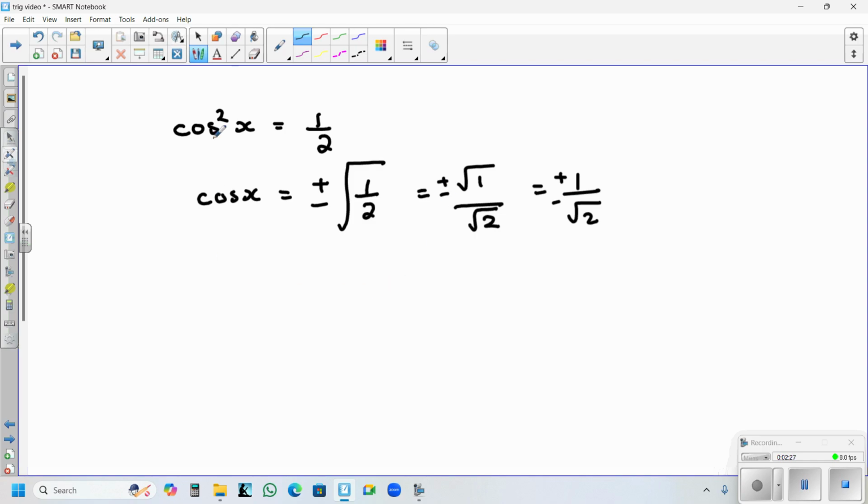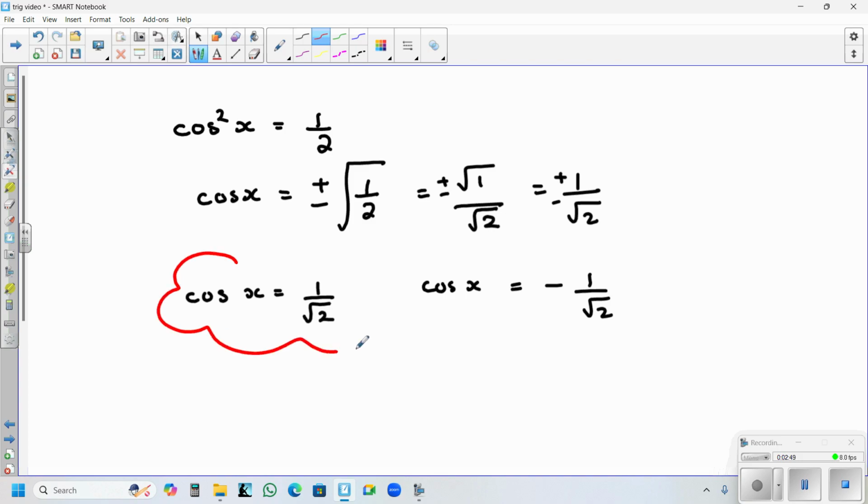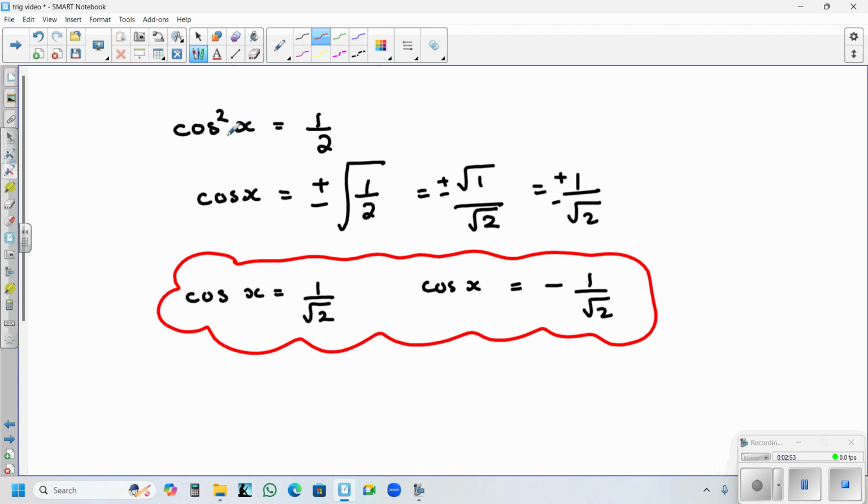So what that means is, whenever you've got a squared term, when you take a square root, you're going to have cos x equal to 1 over root 2, the positive one. But you're also going to have cos x equal to negative 1 over root 2. Now, what happens here is you're going to get an answer in all 4 quadrants. So whenever you've got a squared trig function like that, you're going to get an answer in 4 quadrants.